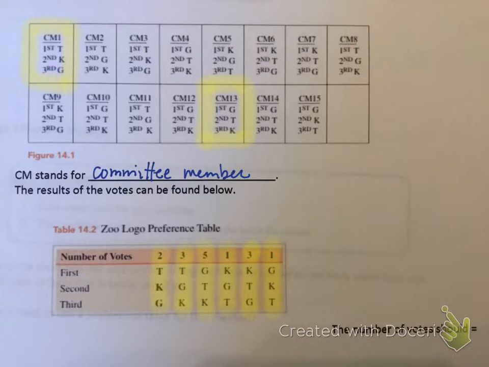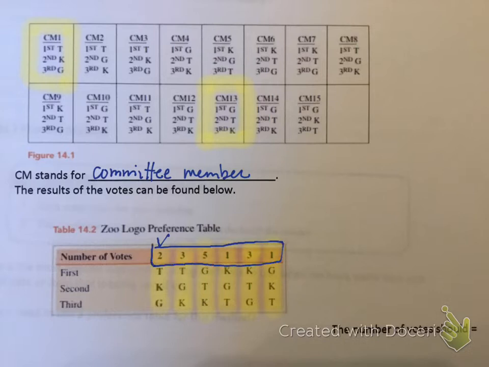Let's just review this really quick. Each column tells the number of votes each preference got. Once again, in the first column, which I'll put a little check mark above, we see that 2 people voted in this order: tiger, kangaroo, giraffe. If you look at the preference table and you add up the number of votes, I'm looking at what I just boxed.